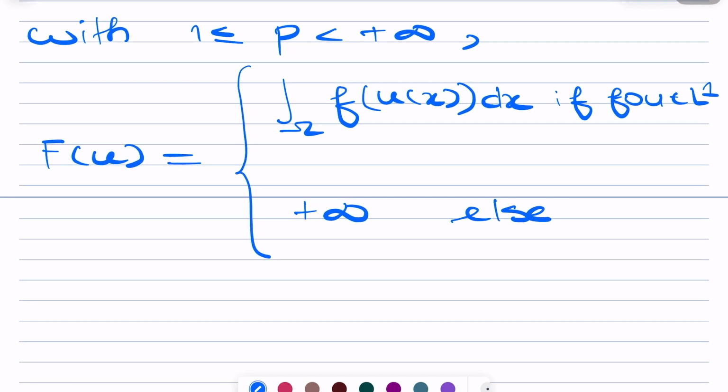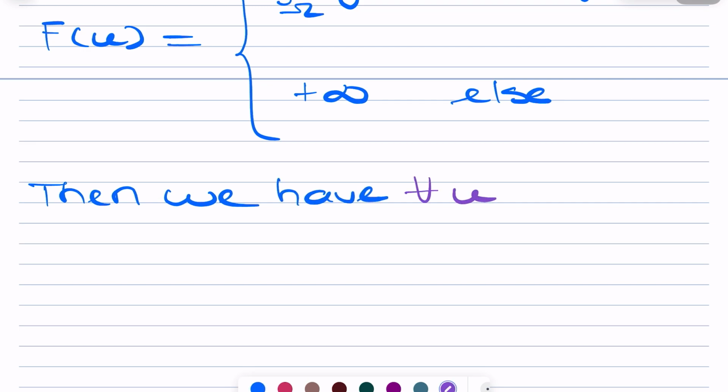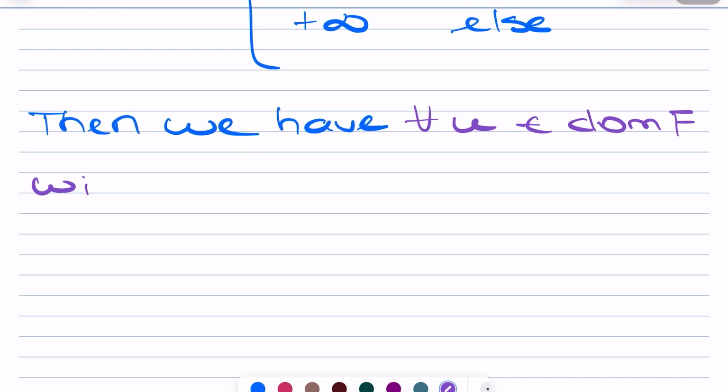So then we have, for every u in the effective domain of capital F, together with q being the conjugate exponent of p, so q equals p over p minus 1.